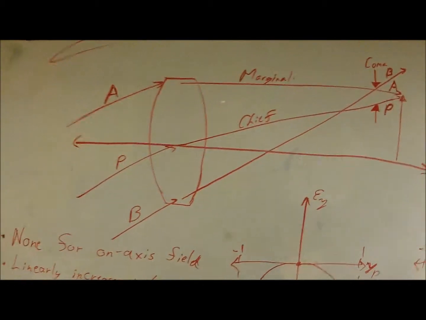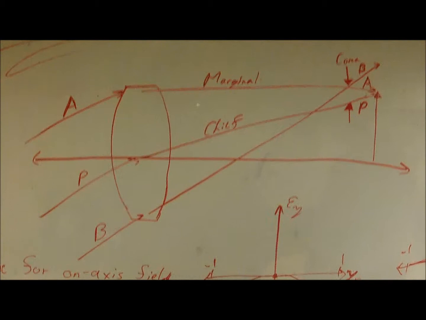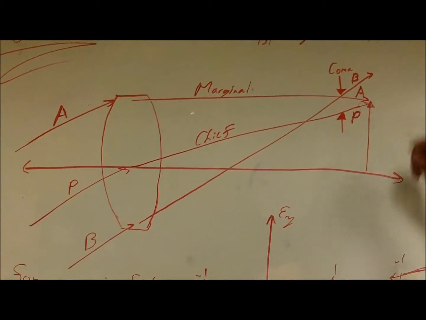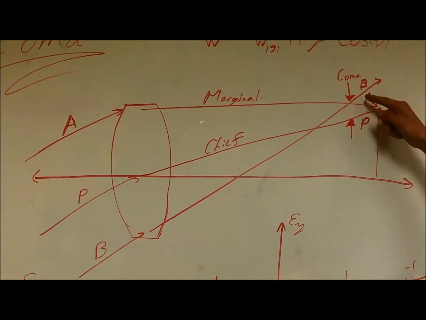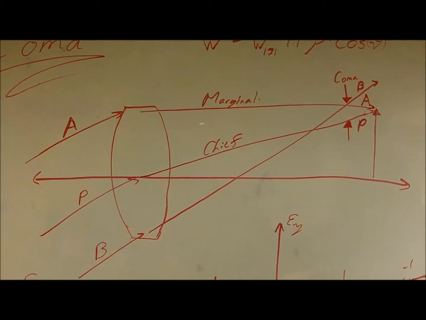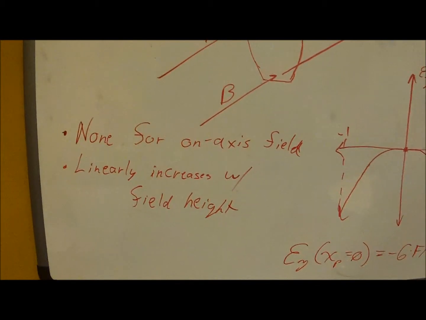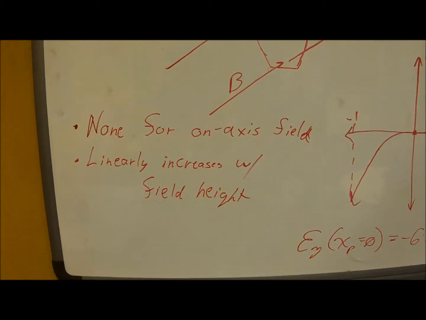Here is a simple singlet system with the marginal and chief rays traced out, and you can see that coma is in essence where the marginal rays intersect, and the difference at that point from where the chief ray is. Two crucial things about coma are that there is none for an on-axis field, and it linearly increases with field height.